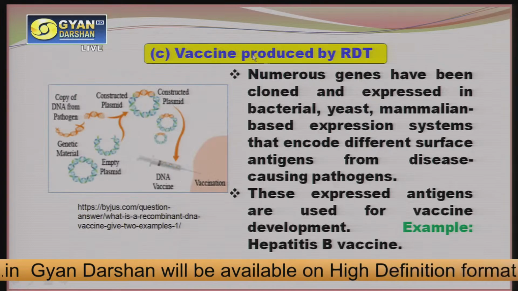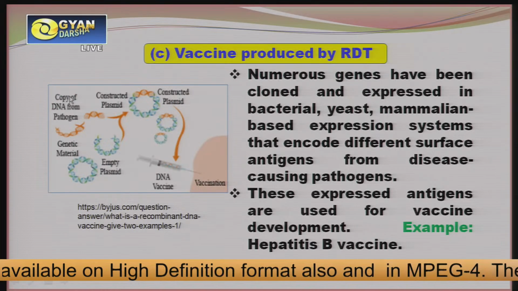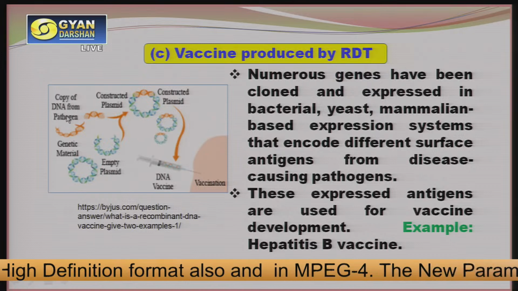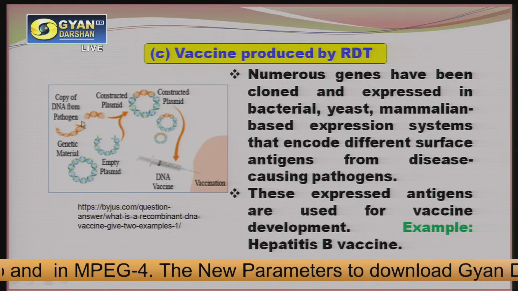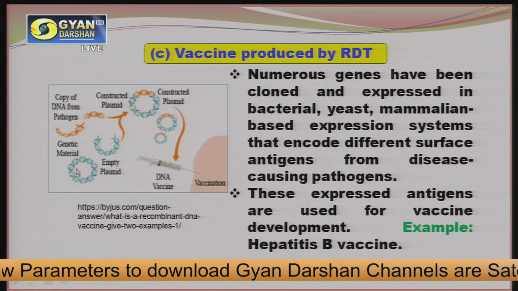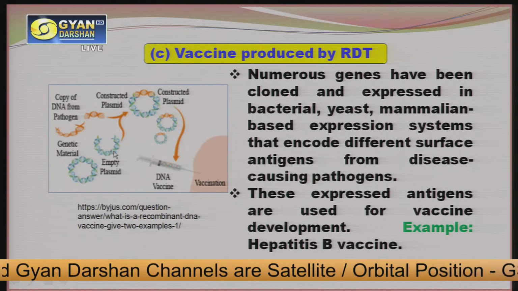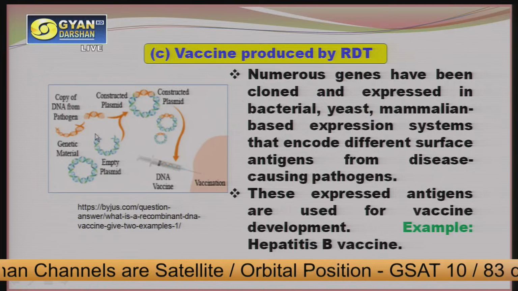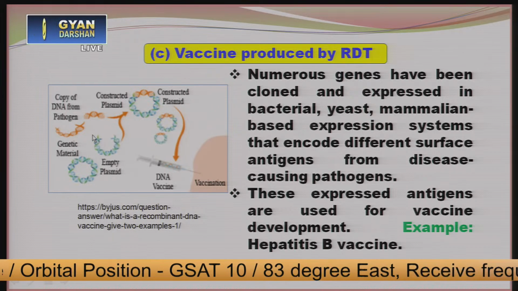Another is the vaccine produced by recombinant DNA technology. You can see it is a copy of DNA from the pathogen. Here are the DNA copies. We can construct the plasmid, which is a genetic material. Here is an empty plasmid, and we can cut it with particular enzymes, restriction endonucleases.